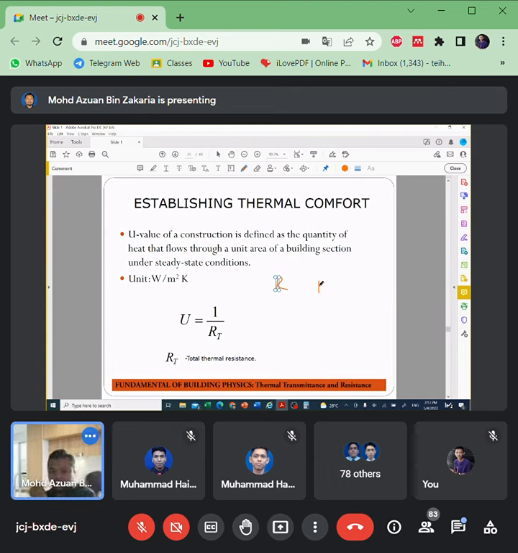For example, if one object has a resistance, R value of X, another way to express the heat properties of the material is to say that the object has a U value of X. U value is watt per meter squared Kelvin.